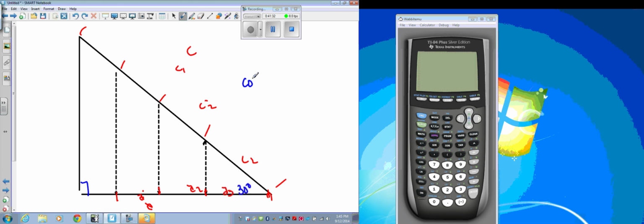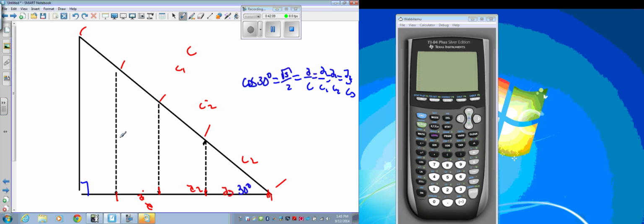I do the cosine of 30 degrees. We said cosine of 30 was what? Square root of 3 over 2? And that's going to be the same thing as if you take the big thing and go A over C of the big triangle, or if you go A1 over C1, or A2 over C2, or A3 over C3.